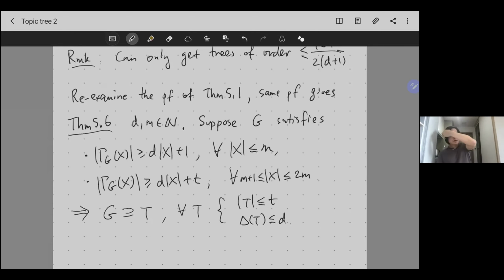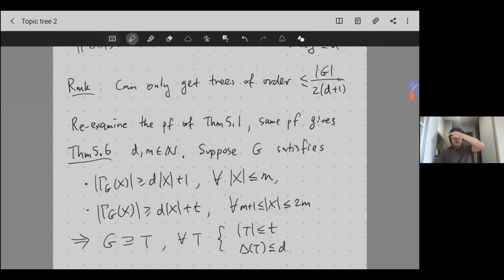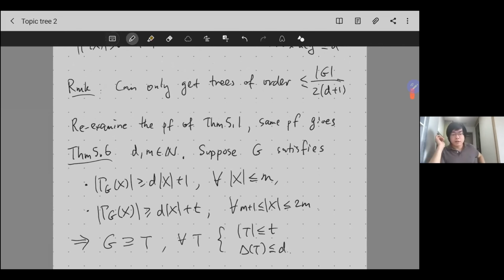For example, you can think of T as (1 minus 0.1) times n, almost spanning. Say n is the order of the graph G. Then this basically says that for small sets, we have expansion factor d, and for large sets, our neighborhood touches almost everything, then we can embed the almost spanning tree, right?